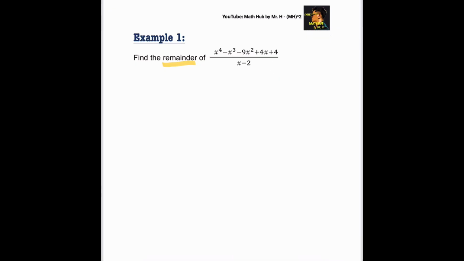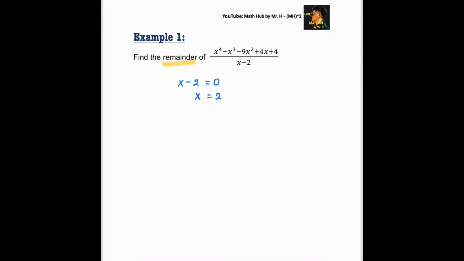So based on the concept of remainder theorem, we will be using the value of a from the linear divisor. The divisor here is x minus 2. So we take the divisor, x minus 2, and equate it to 0. From here, we see that x will be equal to positive 2.